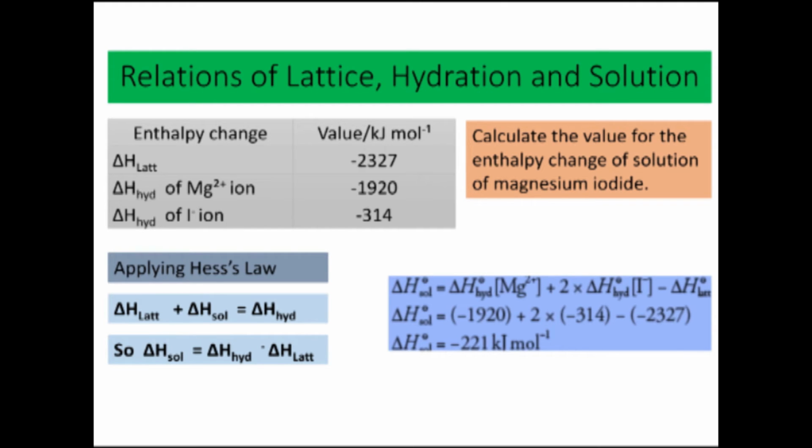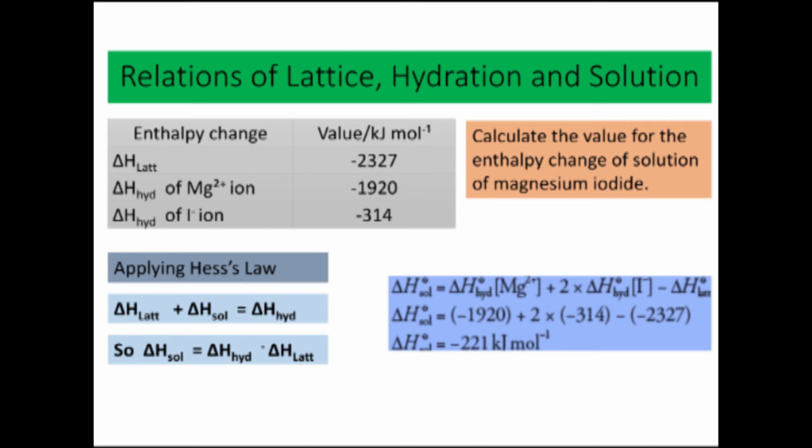Example: enthalpy change of lattice and hydration of magnesium 2+ ion and iodide ions are given. We have to calculate the enthalpy change of solution of magnesium iodide. Applying Hess's law, enthalpy change of solution is equal to enthalpy change of hydration minus enthalpy change of lattice.